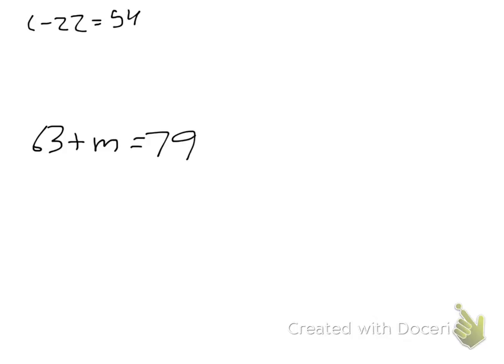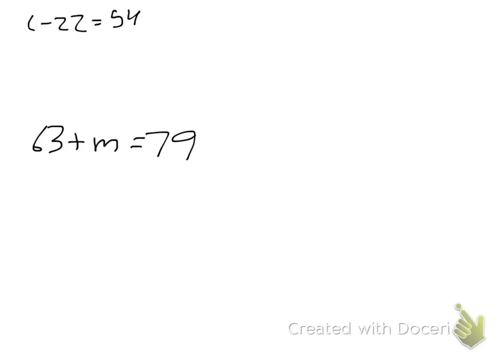The first problem we're going to attack here is C minus 22 equals 54. The whole idea for solving an equation, remember, is to get the variable, which in this problem is C, by itself. The way you can think of these is doing the exact opposite of how you read it.